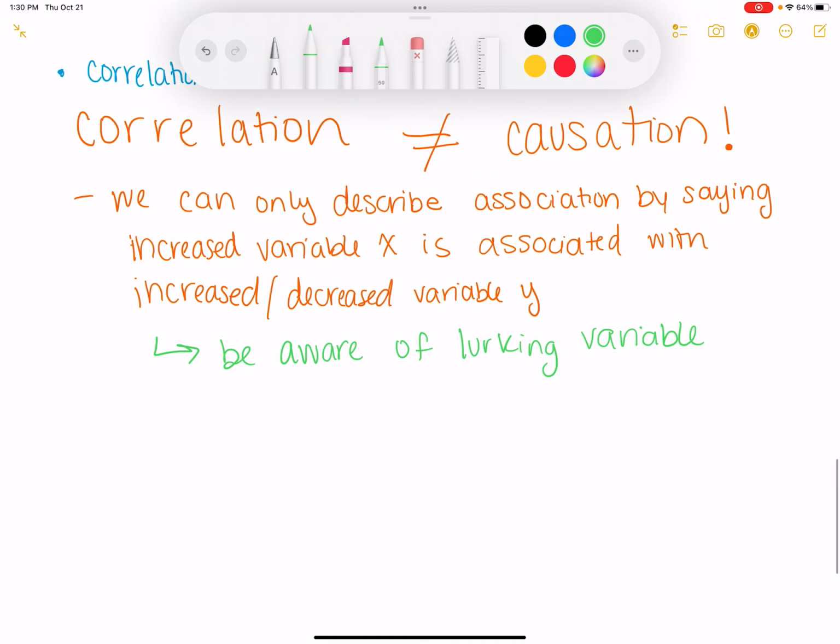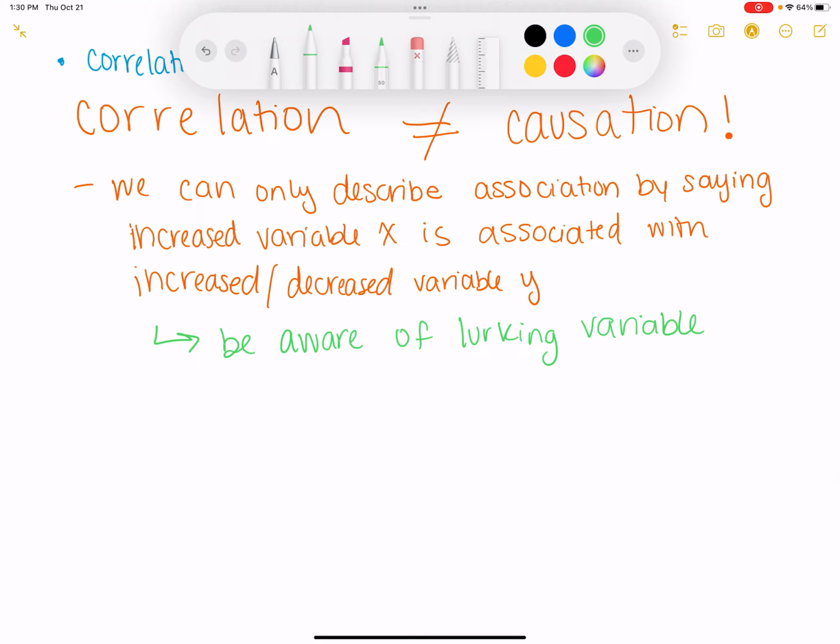So I'm going to give you what a good correlation statement would look like, and then what we can't say about the same thing.